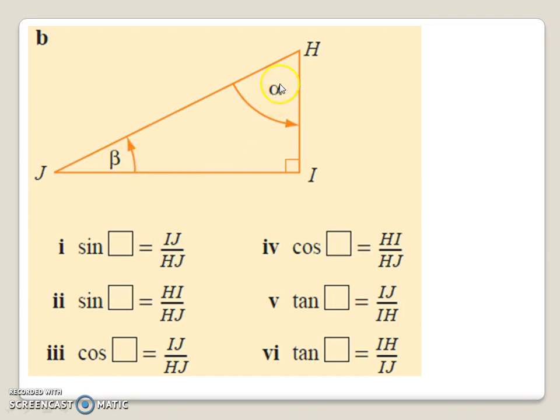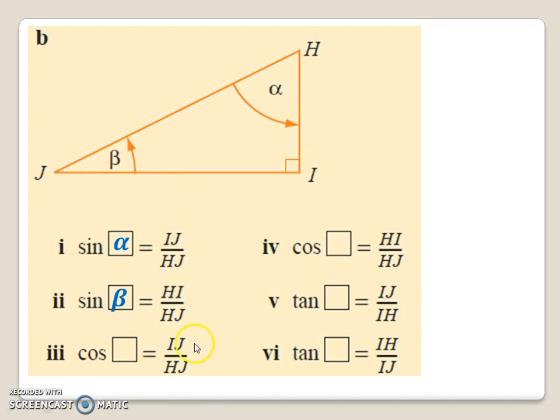So that would be this symbol here, which we call alpha. So alpha would go there. Sine of HI over the hypotenuse. So HI has to be opposite the angle, and it's opposite this angle here, and this symbol is called beta.